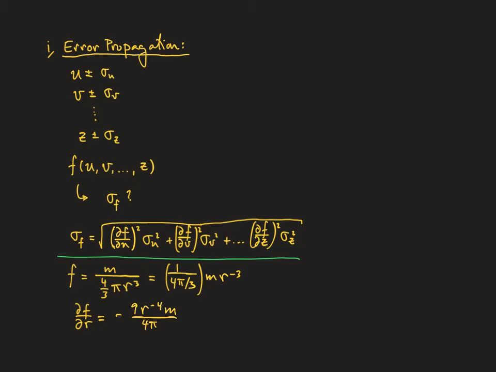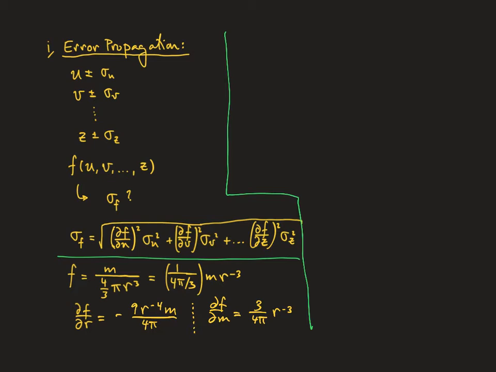Can do the same thing with respect to m. It's nice and linear in m, so that's easy. So it's 3 over 4 pi times r to the minus 3rd power. Great.